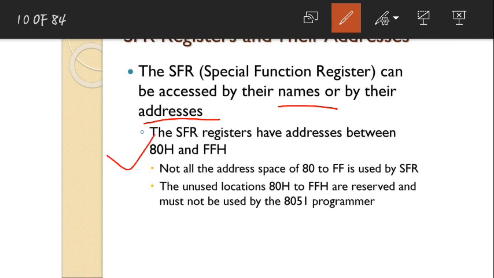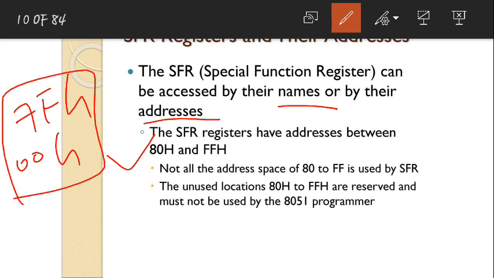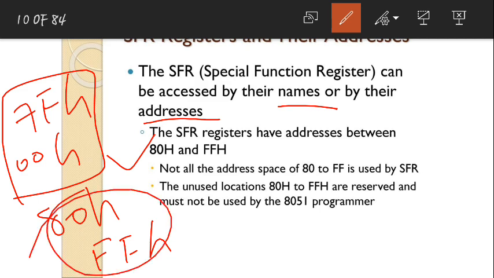We have already seen that internal RAM is from 00H to 7FH. This is on-chip RAM. Then you have some space for SFRs, special function registers, which start at the 80H location and end at the FFH location. So this can also be used by its name or by its address.